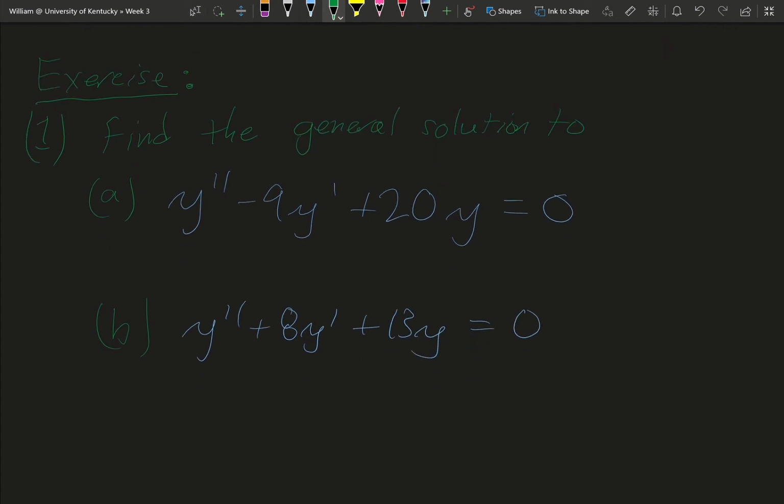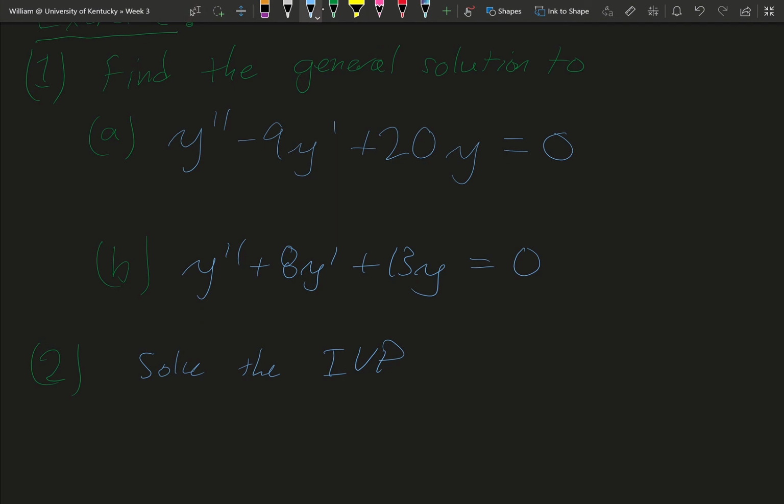And then finally, should end with an IVP. Solve the IVP y double prime minus 9y prime minus 36y equals 0, where y of 0 equals 7 and y prime of 0 equals 9.